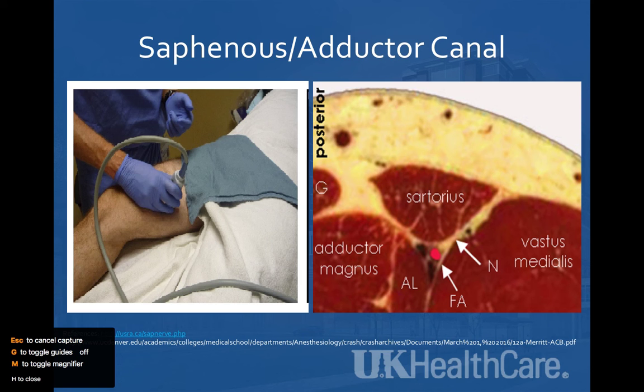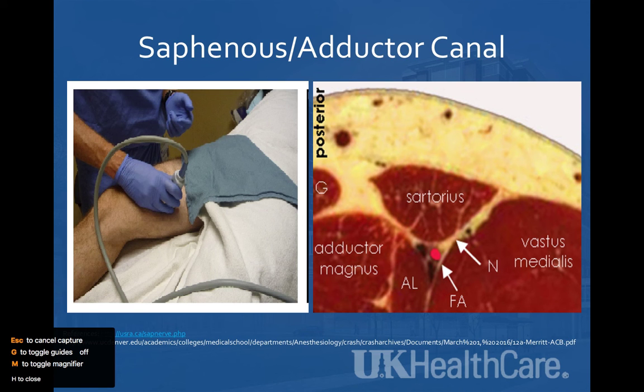So as we're looking at our imaging on the left here, we've got imaging within the medial aspect of the thigh, and then looking at our cadaver dissection right here, we're looking at the femoral artery. This is subsartorial, just below the sartorius, and we see our adductor magnus. These are almost like mirror images of one another, where the adductor segments would be a little bit more medial, I guess.